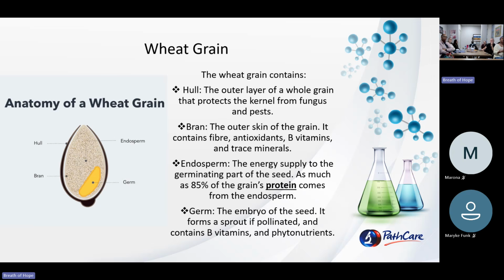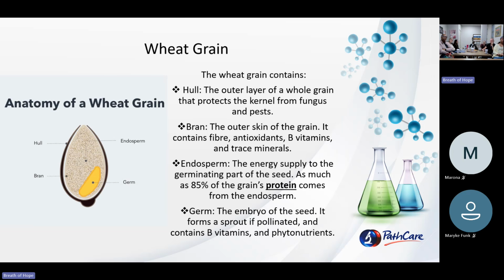In order to understand the pathogenesis and the actual component which causes the disease process to start, it's important to understand the anatomy of the wheat grain. The wheat grain contains the hull, which is the outer layer of the whole grain, and that protects the kernel from fungus and pests. Then just inside is the bran. That's the outer skin of the grain, and it contains fiber, antioxidants, B vitamins, and trace minerals.